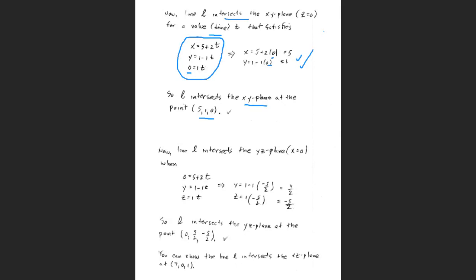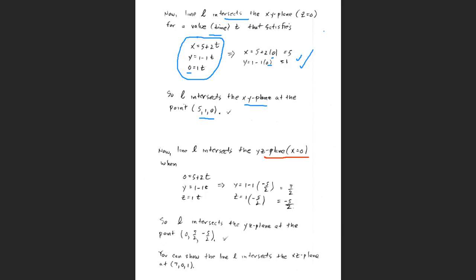Now, if we want to know where the line intersects the YZ plane, the YZ plane can be written as x equals 0. So now we set the first parametric equation equal to 0.